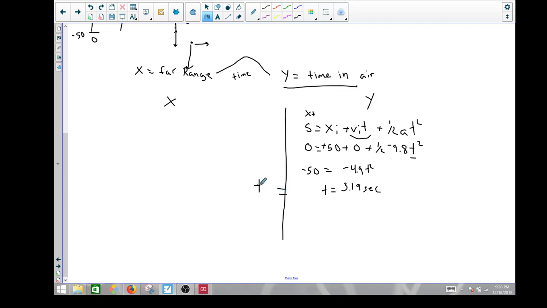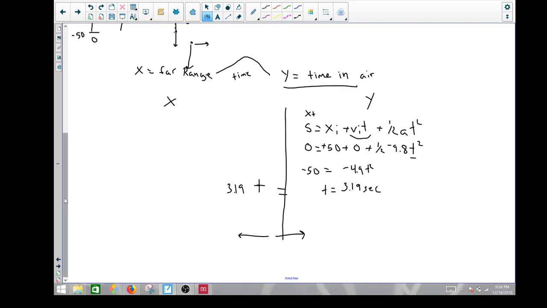The time in the air is going to be 3.19 seconds. At that point, I just have to remember that the y component gives me how high I am, and the x component gives me my horizontal location.